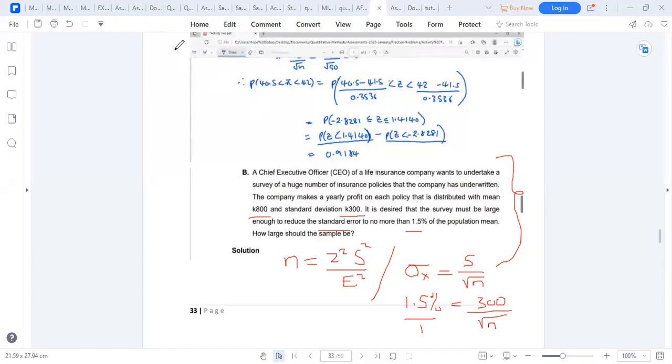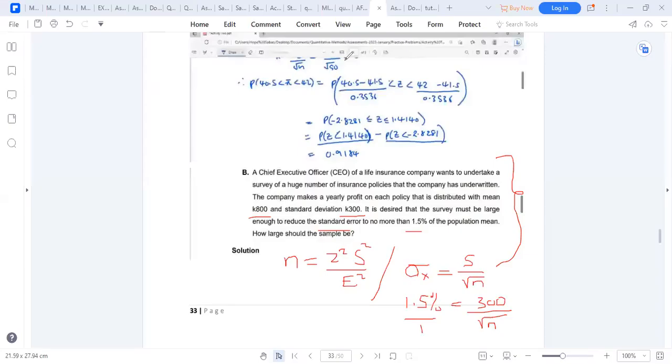Okay, what are we given there? We're given the mean is 800, standard deviation is 300.